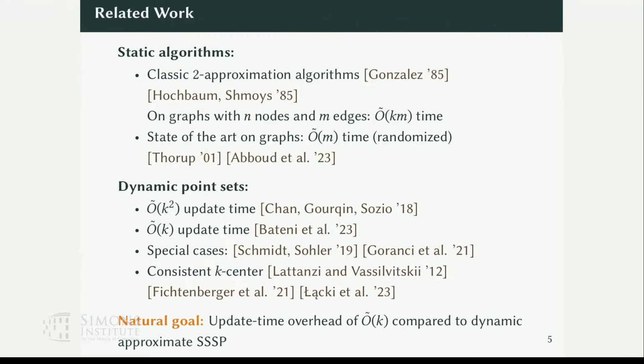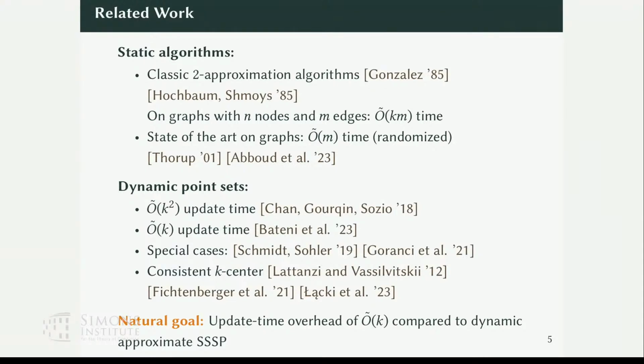And now I would like to argue that a somewhat natural goal for us would be something roughly comparable to this very classic deterministic result that has an update time of k times m. Roughly speaking, this is k times the time you need for a static single source shortest path computation.